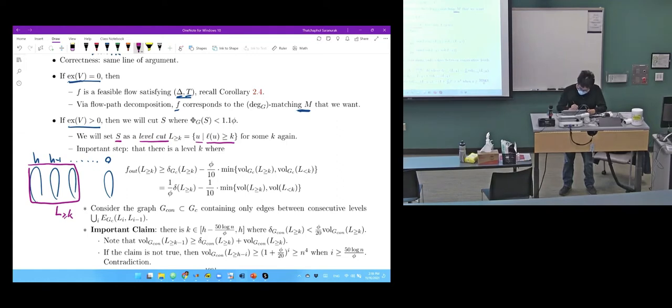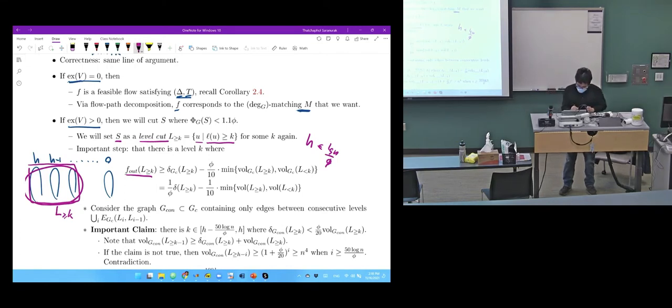So in the previous case, we said that when h is big, like n plus 1, there will be some level such that the flow out of it is exactly the cut size. Right? We used to have this thing. But now we want to be more efficient, and we set h to be something much smaller. But we want to say something similar.